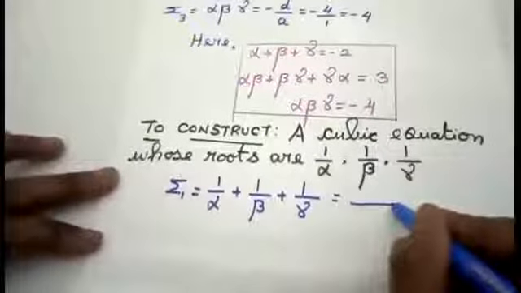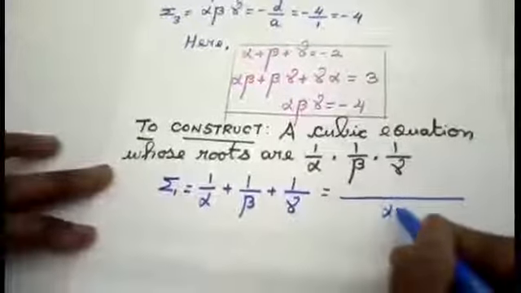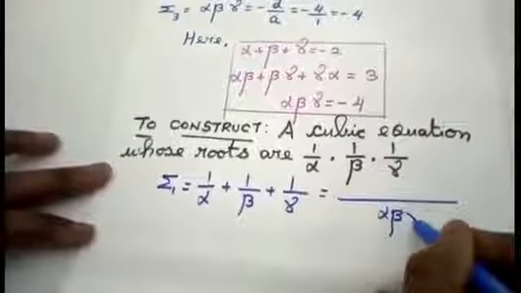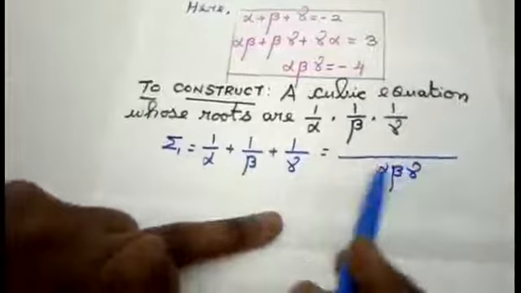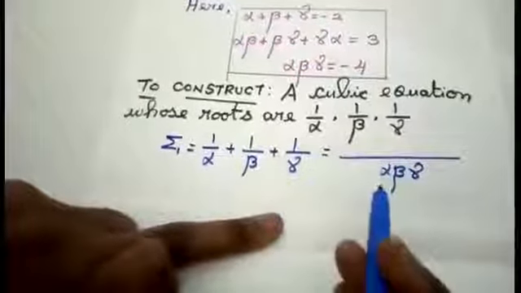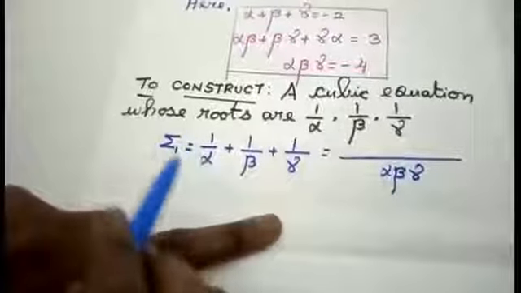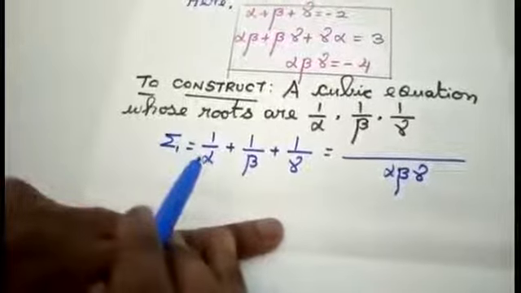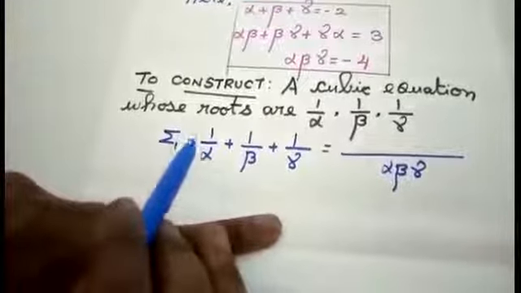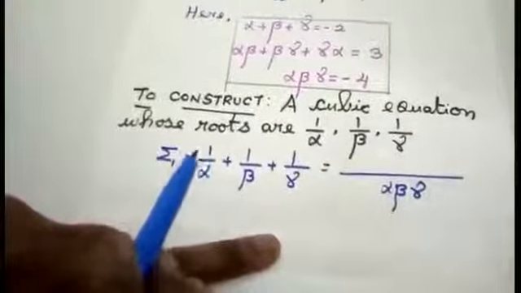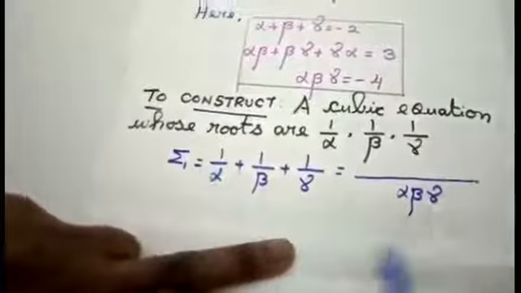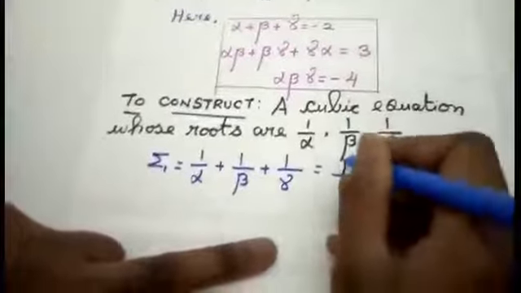Only if I do like this can I move my calculation further. Now see the first fraction, 1 by alpha. What are the remaining two symbols missing here? Beta and gamma. Write that beta and gamma here.